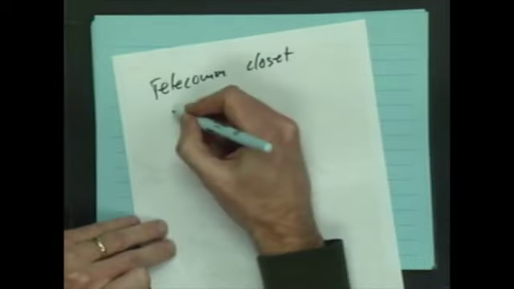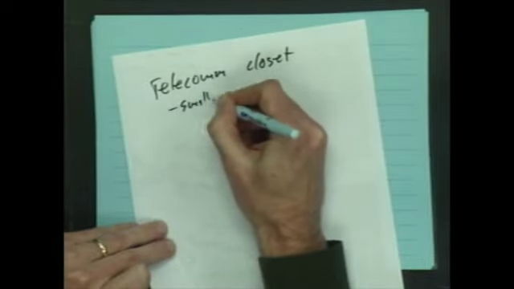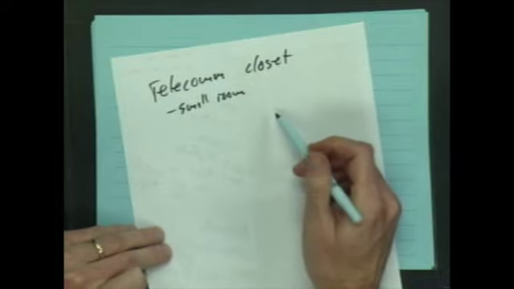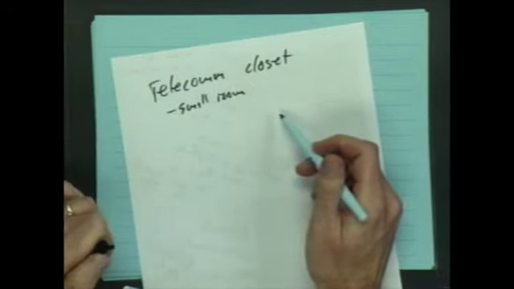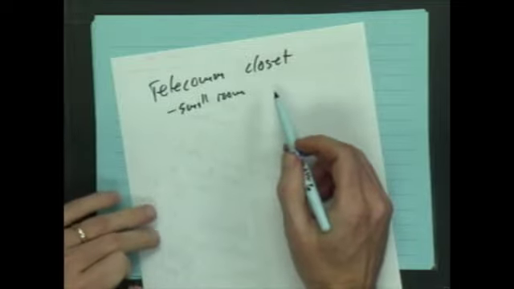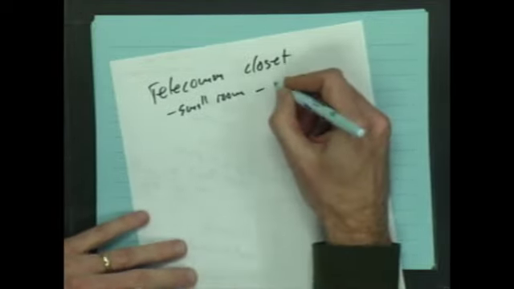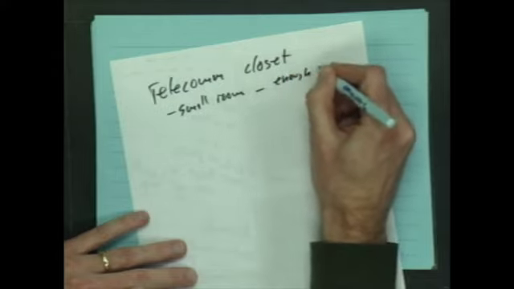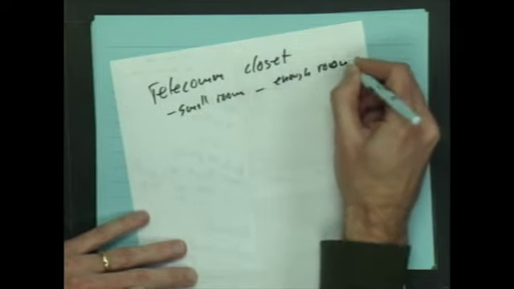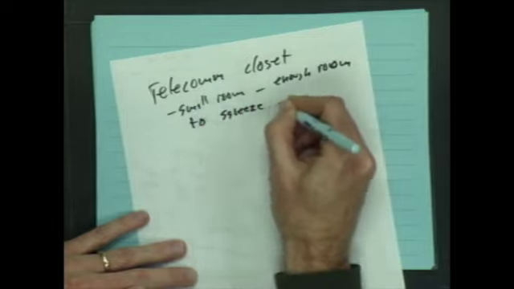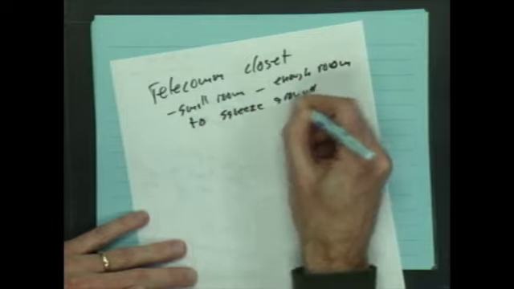A telecom closet is just a small room. It is literally a closet, like a clothes closet. In a clothes closet, there's just enough room for the clothes and maybe enough room to walk around them. Here, we'll just put enough room to squeeze around the equipment.